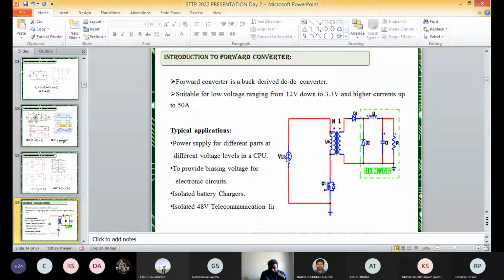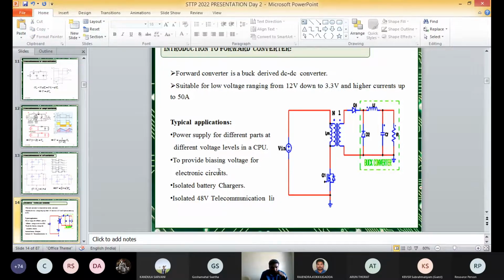But if you use DC here, after a certain time interval it gets charged and there is a saturation problem. That's why in every switching cycle we need to set and reset this transformer for it to function.